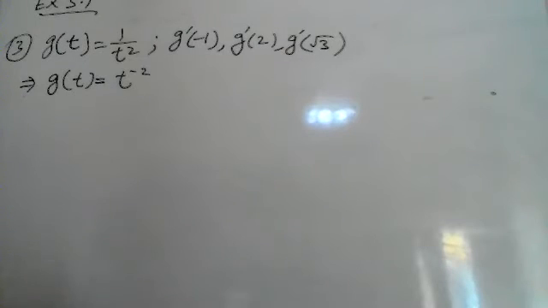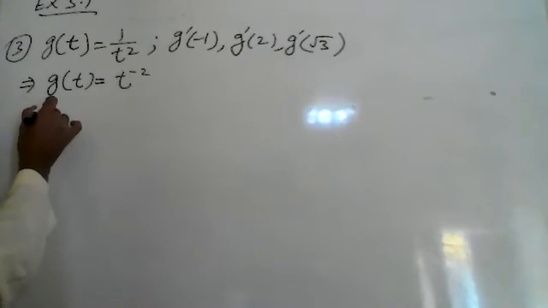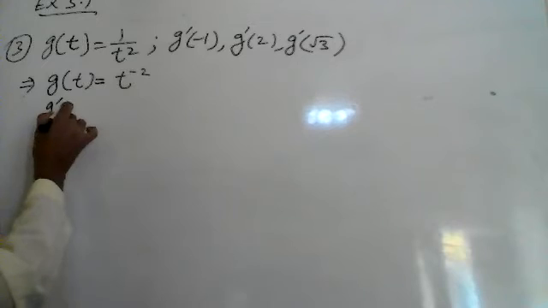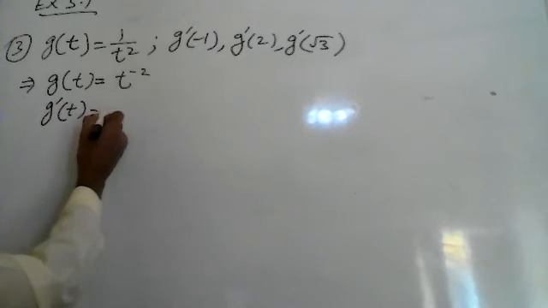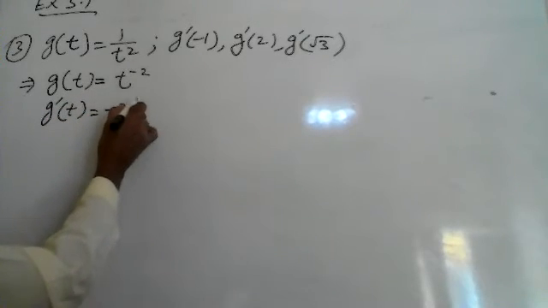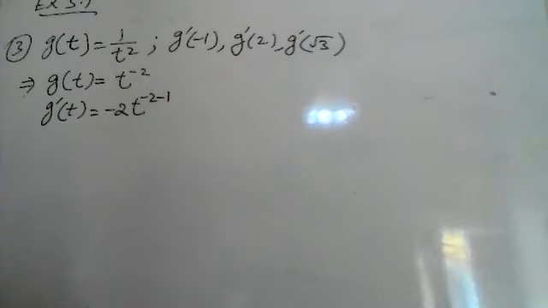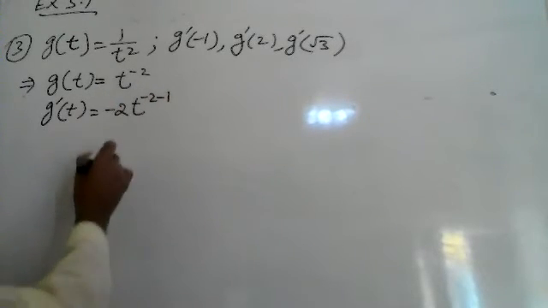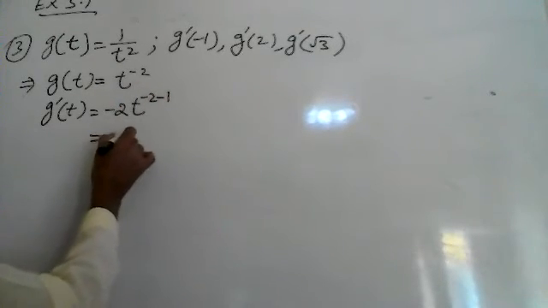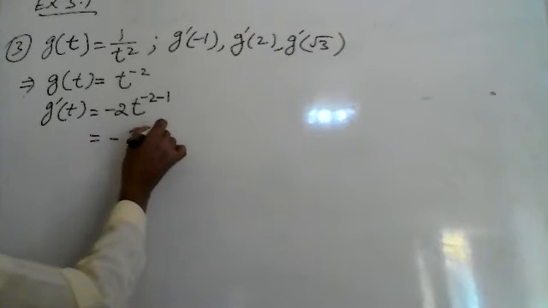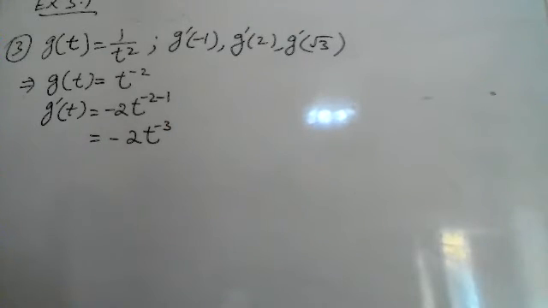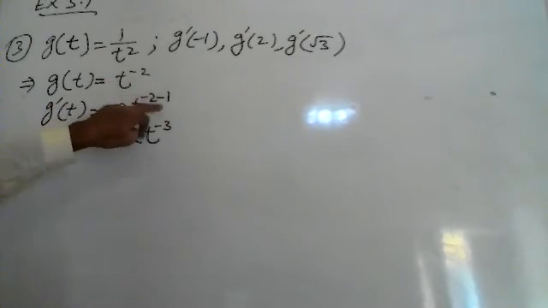Now we'll do the same method. g dash t will be equal to this power will come down, and here we'll subtract one power. It will become minus 2 t raised to power minus 2 minus 1.